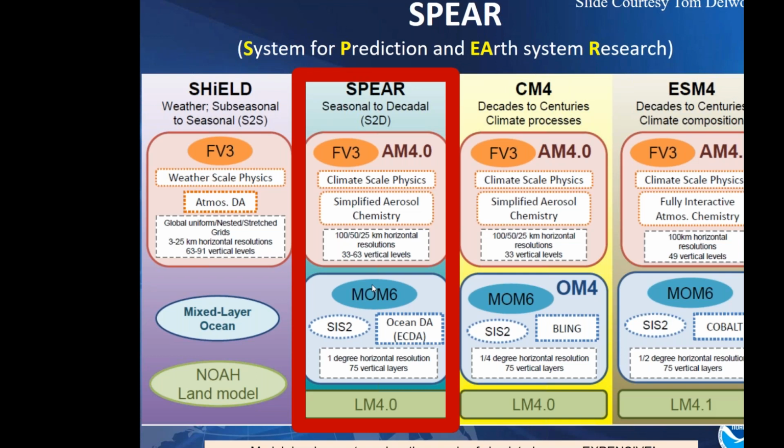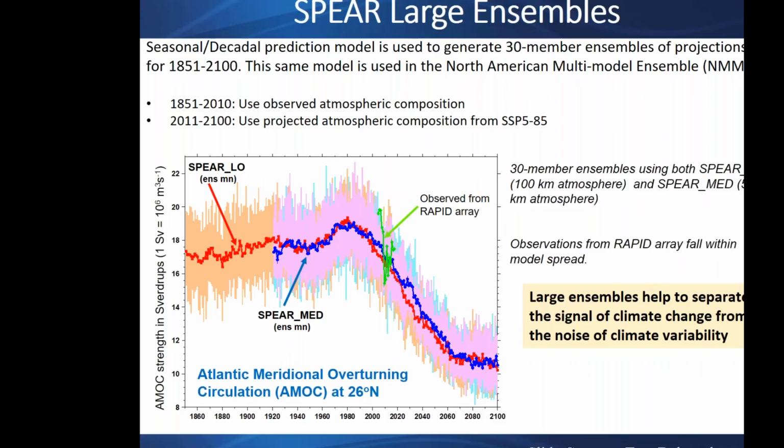And then this is being used as one of GFDL's contributions to the North American Multi-Model Ensemble for seasonal prediction. And this same model is being used by people in Tom's group, for instance, to try to separate out the climate signals from noise.